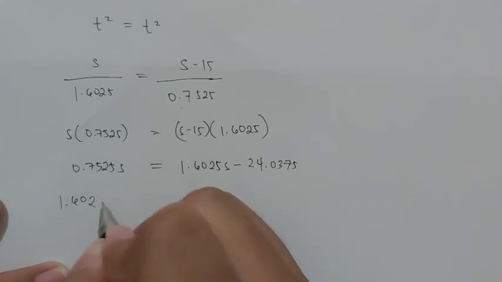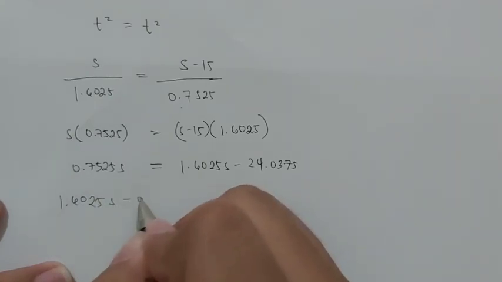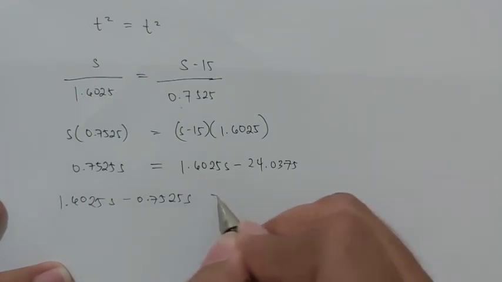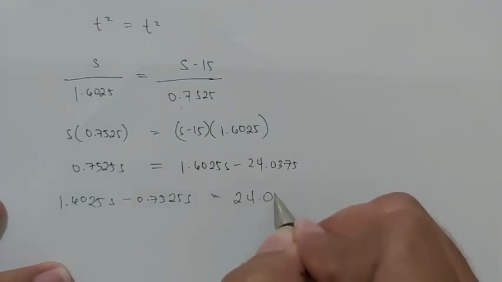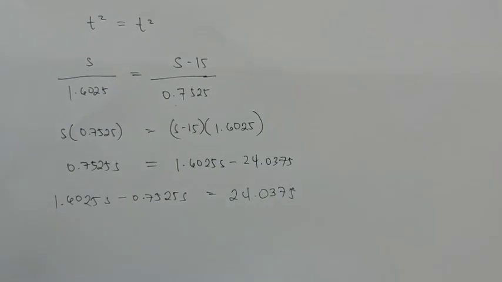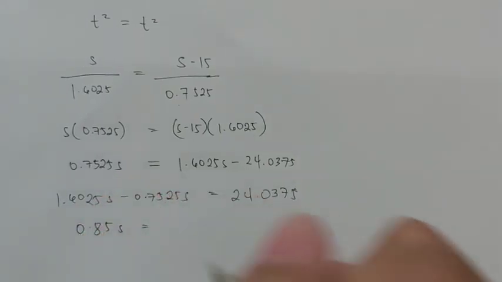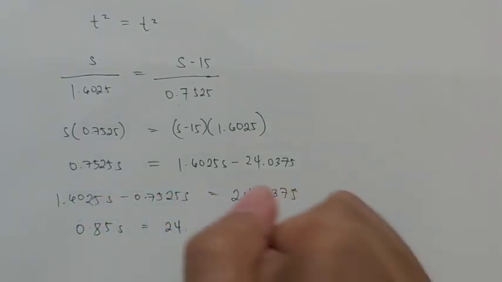So we have 1.6025s minus 0.7525s is equal to 24.0375. So 1.6025 minus 0.7525 is equal to 0.85, so 0.85s is equal to 24.0375.